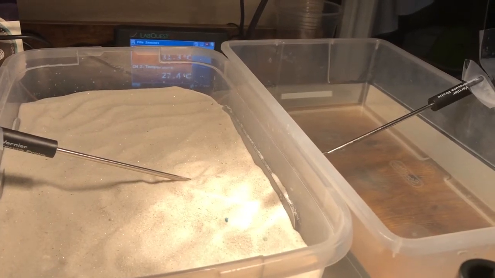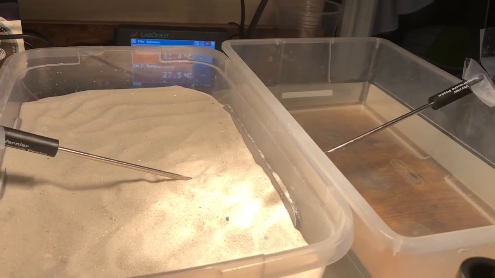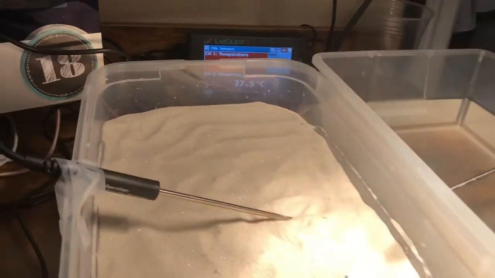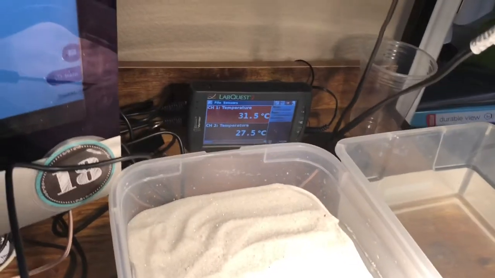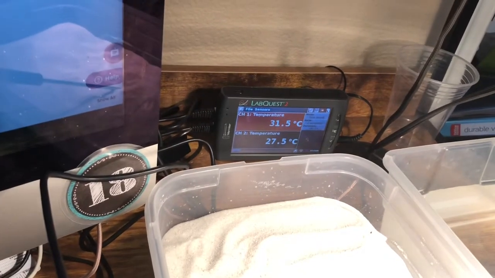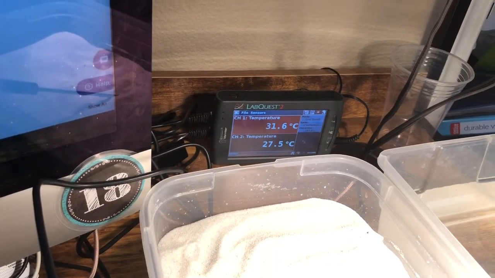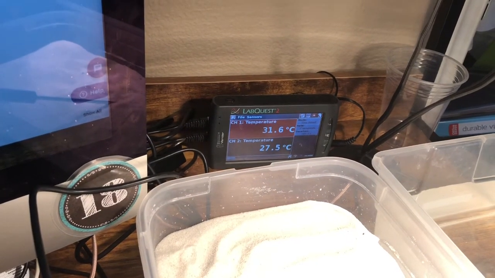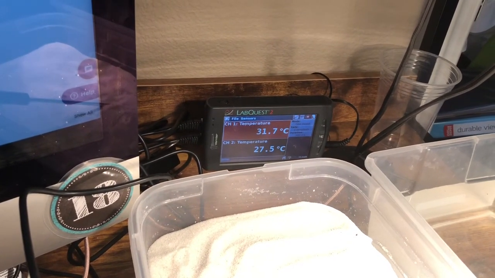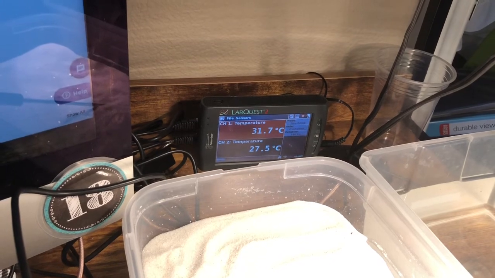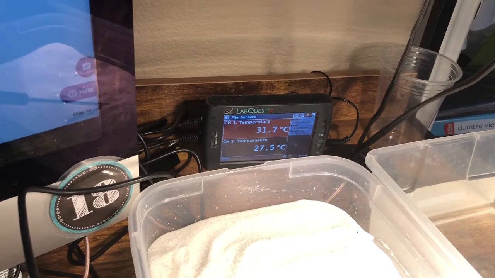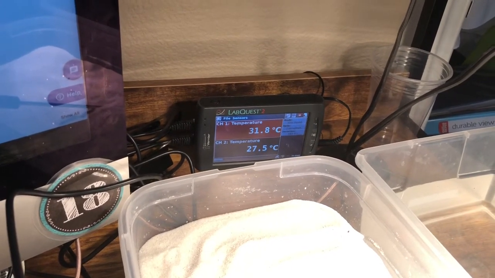So we've been going for a couple of minutes now. Let's take a look at our temperatures. So my land thermometer is measuring 4 degrees warmer now than my water thermometer. And it just keeps getting hotter.